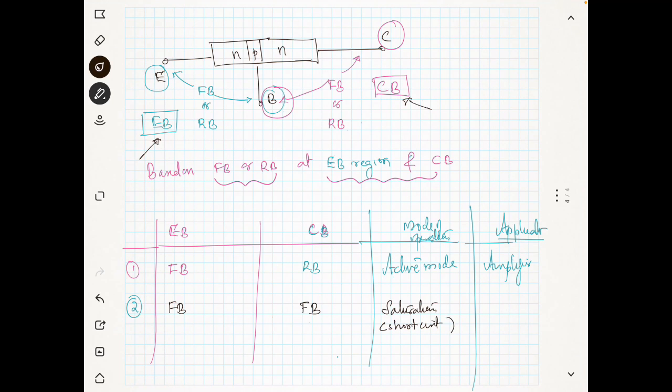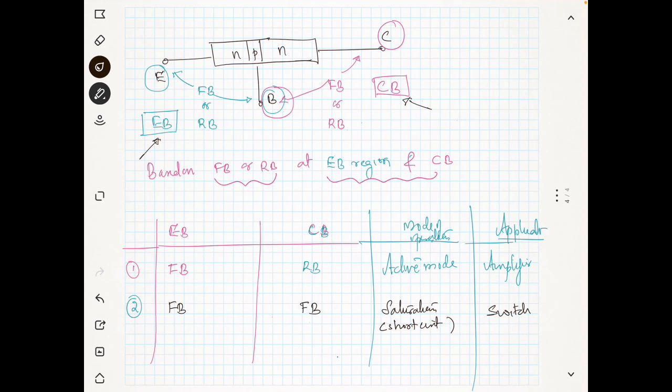One of the main applications is the switch. In a switch you have two conditions, one is on and another is off. We can use the transistor for making a switch.